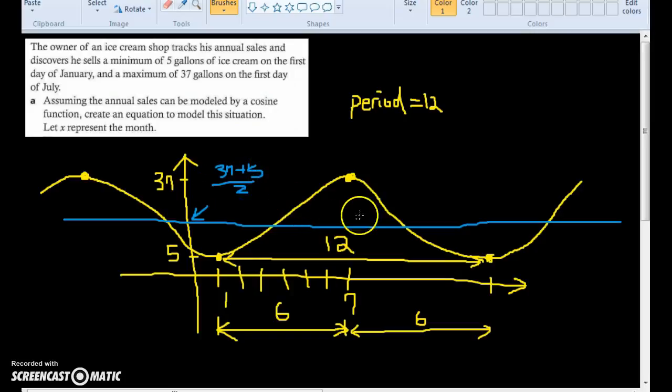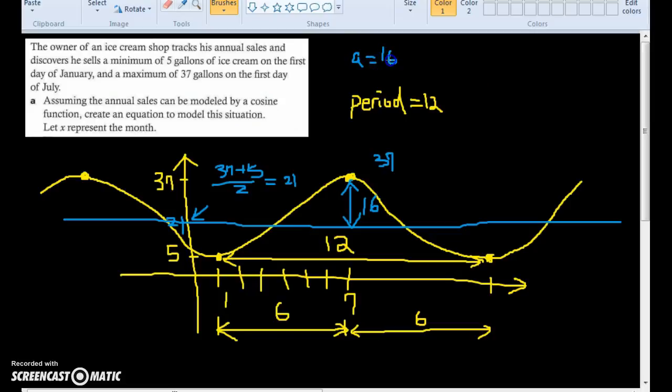That will give us 21. If this is 21, then the gap here will be 37 minus 21, which gives us 16. So my A is equal to 16.